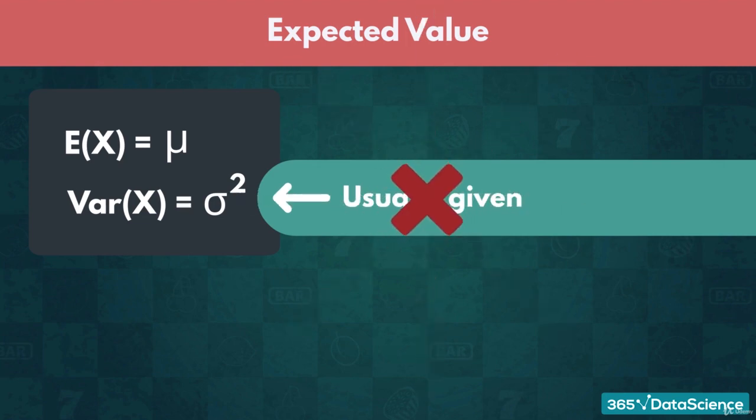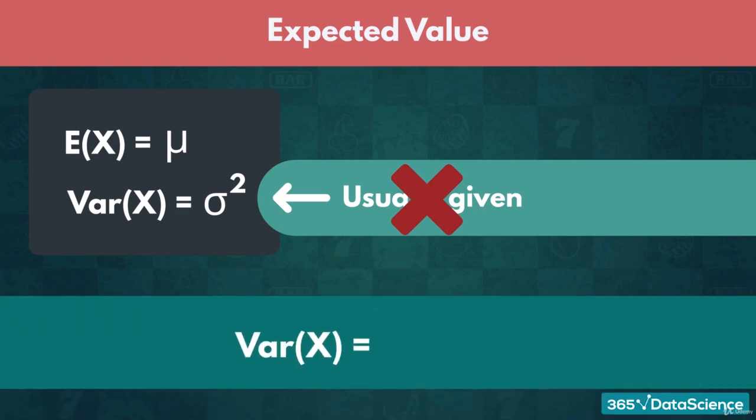However, if it isn't, we can deduce it from the expected value. To do so, we must apply the formula we showed earlier. The variance of a variable is equal to the expected value of the squared variable minus the squared expected value of the variable. Good job!